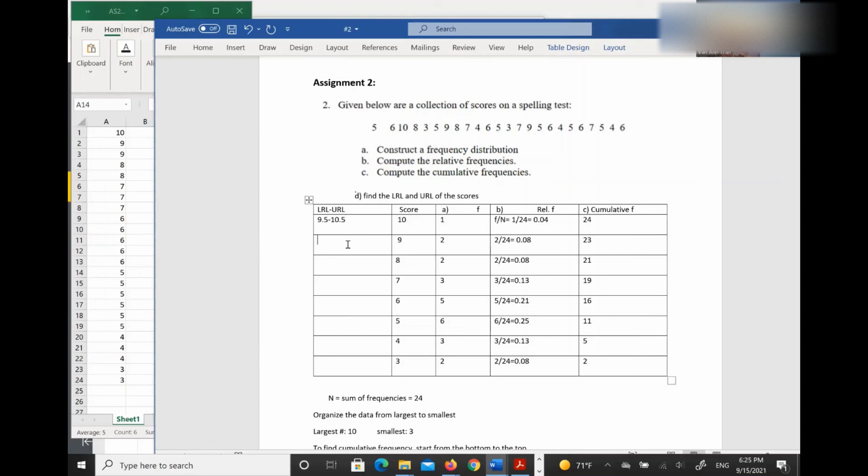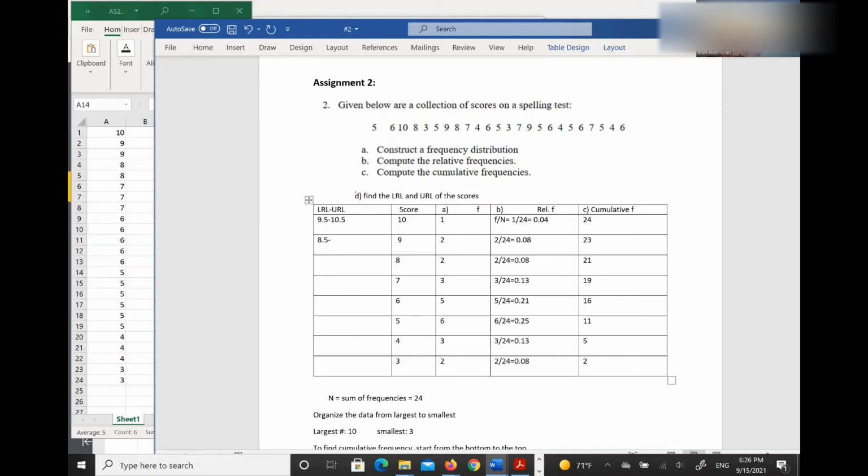What is the lower limit and the upper limit of the second one? Go ahead and try it for me. Everyone, can you go ahead and find the limits of score 9 for me? You subtract 0.5 from 9, so it should be 8.5, right?